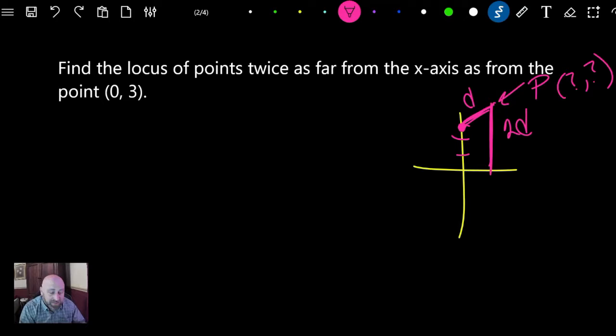So that's the concept. Let me change the color here so you can see it. This distance right here, the distance from our original point to our unknown point, is d for distance. This on the x-axis is going to be double whatever this is. That's the goal. That's what we're going for.